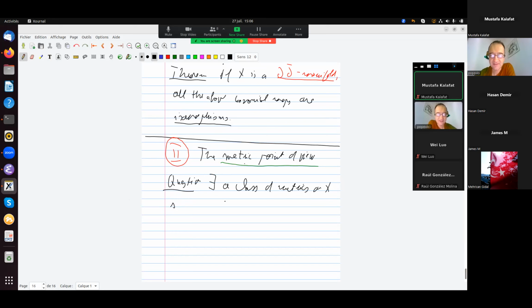So does there exist a class of metrics on X implying that X is a DD bar manifold?